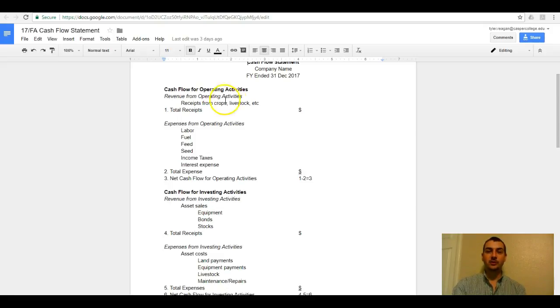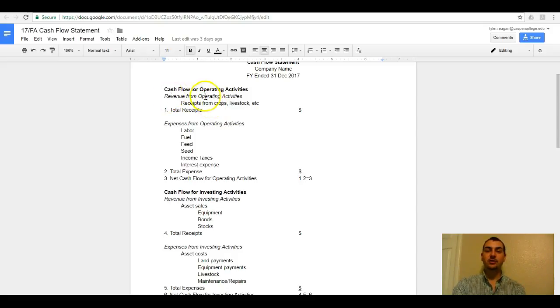Something like receipts from crops, the amount of revenue you receive when selling all of your crops, would go under operating activities. If you were a cow-calf operation, sale of the calves would be classified as revenue from operating activities. If you were in a different business, such as Apple, their cash flow from operating activities would be the iPhone, the iPads, the Apple Watches, or anything like that.